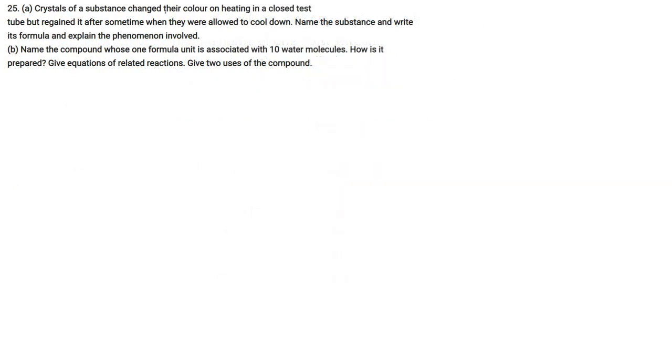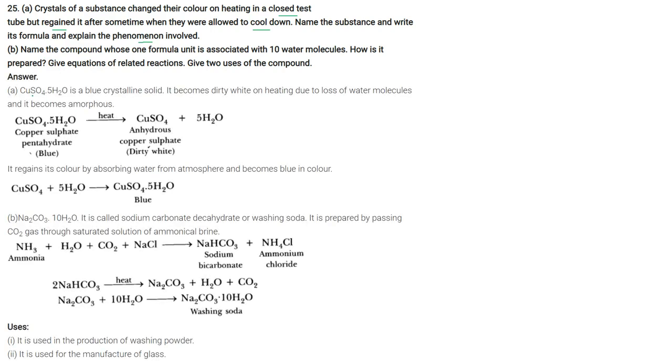Crystals of a substance change their color on heating in a closed test tube but regain it after some time when allowed to cool. Name the substance, write its formula and explain the phenomenon involved. So this is CuSO4.5H2O, a blue crystalline solid. It becomes dirty white on heating due to the loss of water molecules and becomes amorphous.